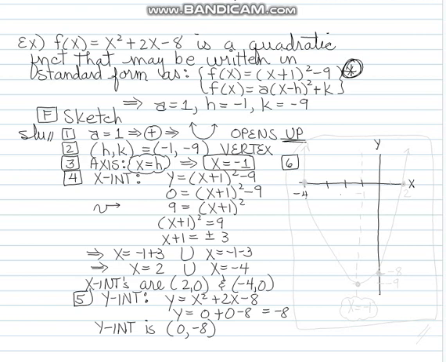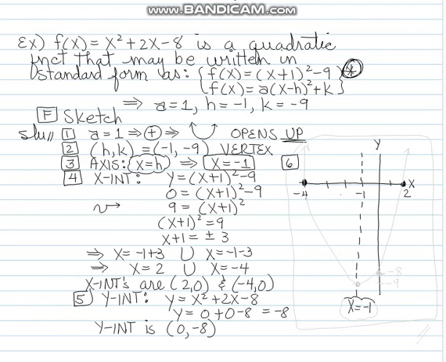Here's negative 1. That's going to be important. And on the other side, we can go to 1, 2. This is the number 2. Our x-intercepts occur at negative 4 and again at positive 2 over here. And then the axis of symmetry is a vertical line that passes through negative 1 on the x-axis. That vertical line is represented by the equation for the axis, which was x equals negative 1.